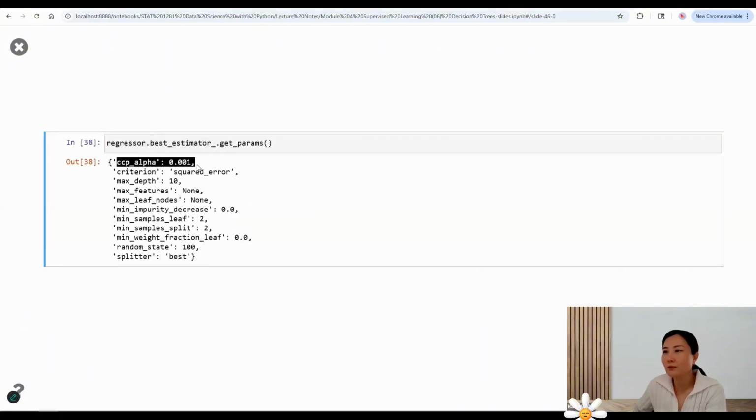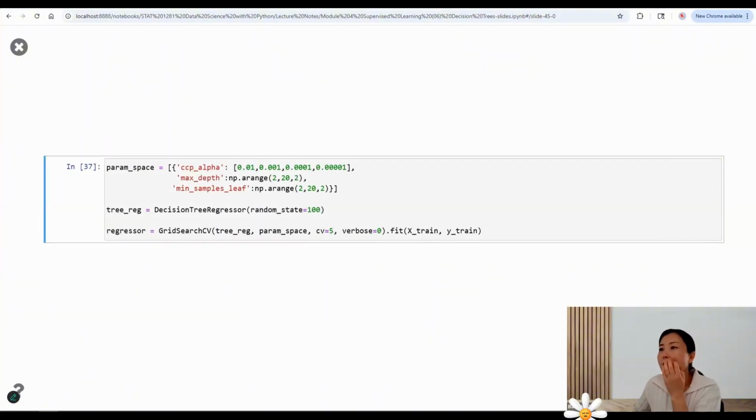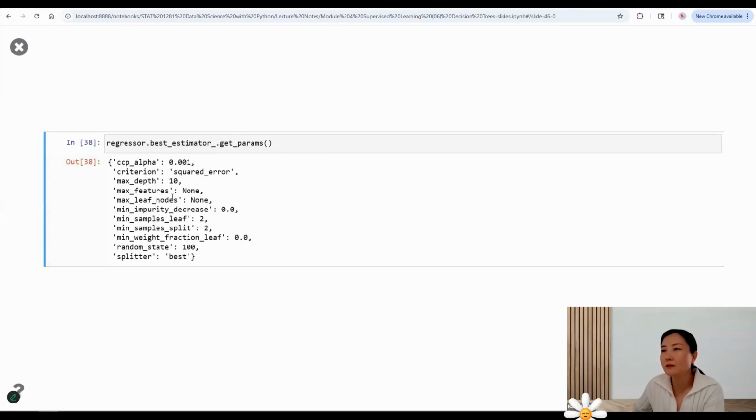So CCP is 0.01, min samples leaf is 2, and max depth is 10. It's quite huge. The optimal tree is actually very big.